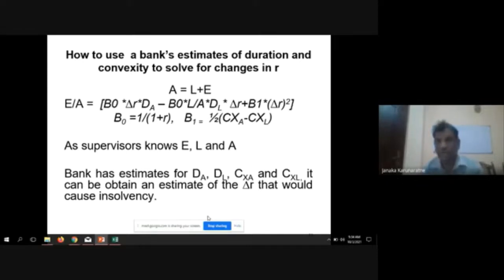So theory says if you can make the gap zero, you are well covered. But in practice, you can't. So what we try to do is minimize the duration gap as much as possible, keeping it at a comfortable level.